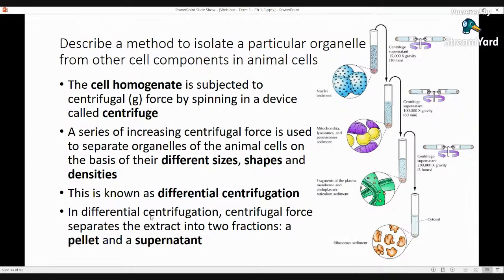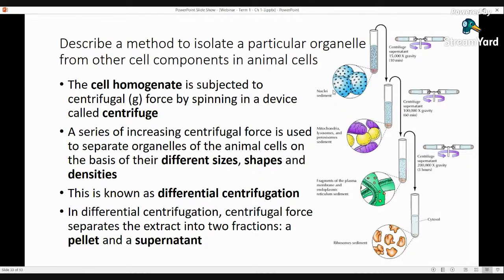In differential centrifugation, centrifugal force separates the extract into two fractions, a pellet and a supernatant. The pellet is the bottom one, and the liquid above is called the supernatant. After centrifugation, this is supernatant 1 and this is pellet 1.